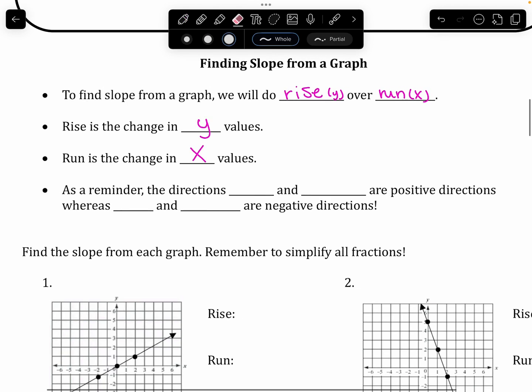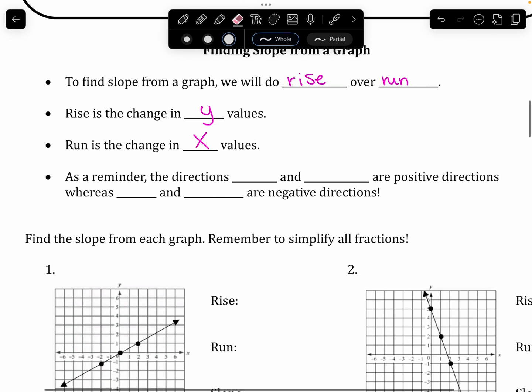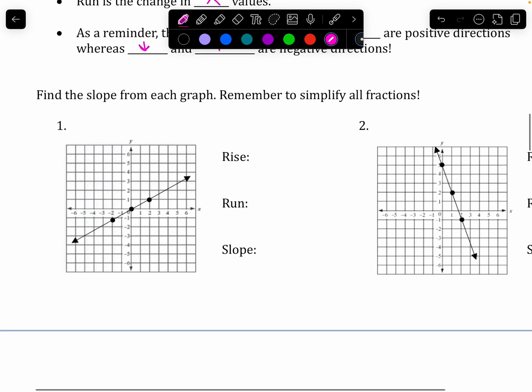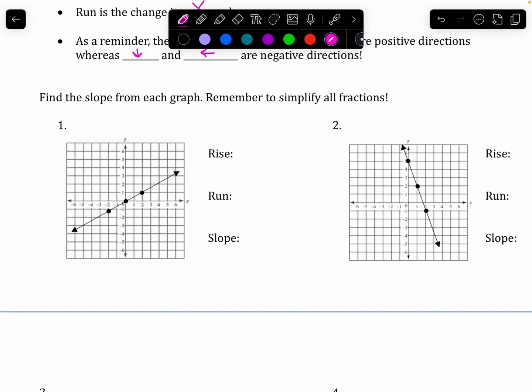Rise is the change in y values, and then run is the change in x values. As a reminder, the directions up and right are positive directions, whereas down and the left are negative directions. That's going to be really important when we are looking for slope from a graph specifically.